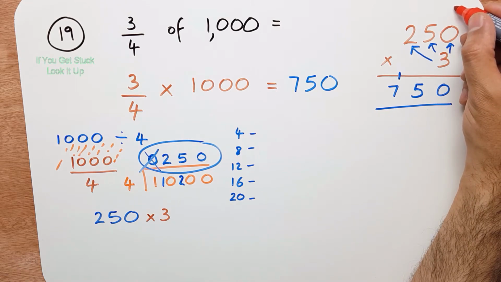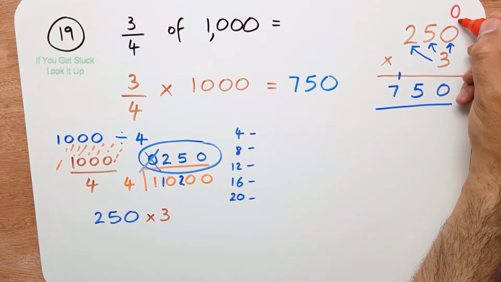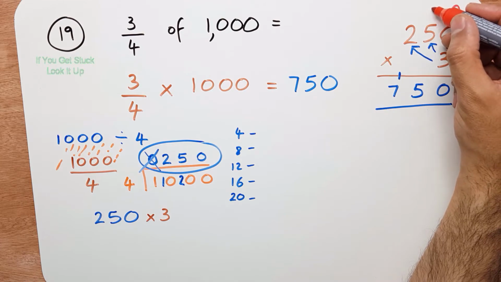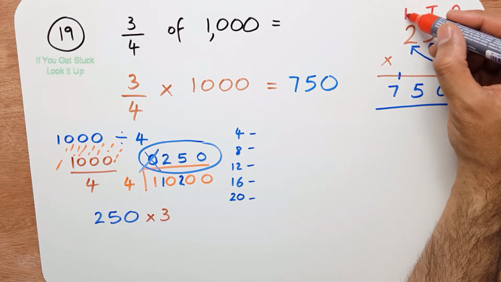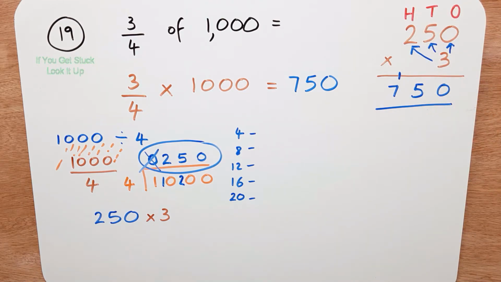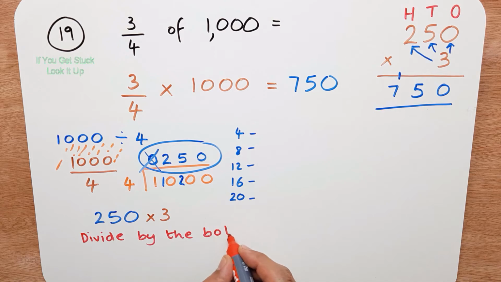Let me just write this down. Our first column is the ones column or the units column. Then you have the tens column, and then the hundreds column. So remember, this method was divide by the bottom and multiply by the top.